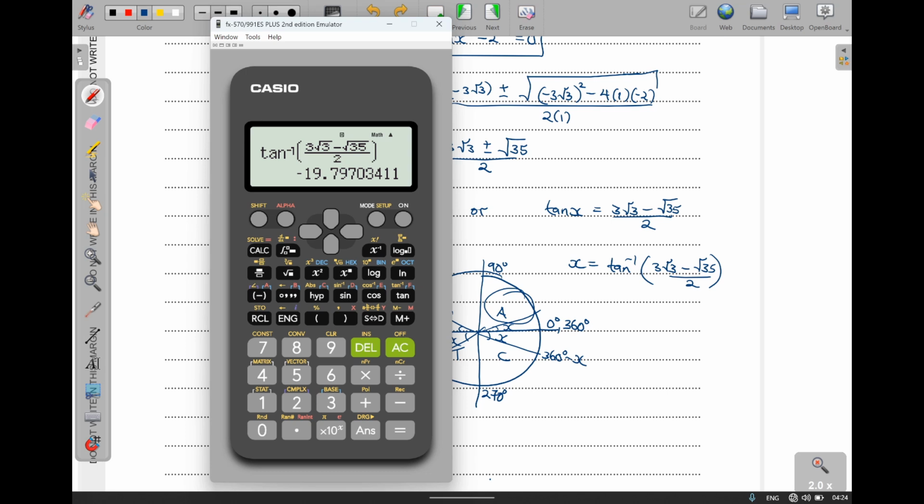Now what you can do is ignore that negative. So meaning this value inside the brackets of the arctan is a negative. You ignore that negative and you take your positive answer, which is 19.8 to 1 decimal place. But then you go to the quadrants where tan is negative.